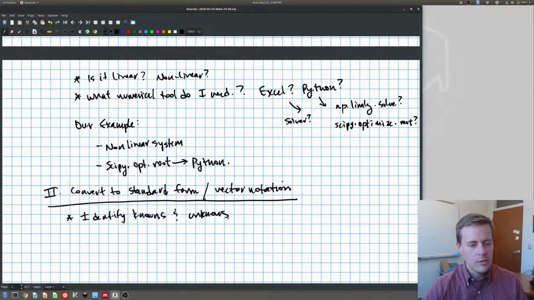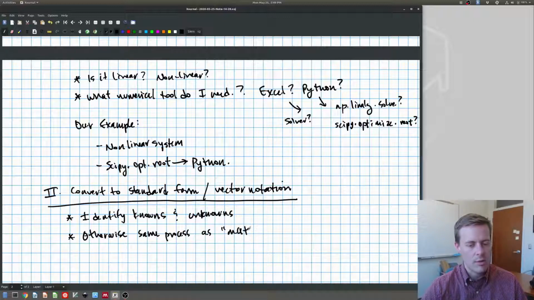Other than identifying knowns and unknowns, it's the exact same process as in your math problems, as a pure math problem.